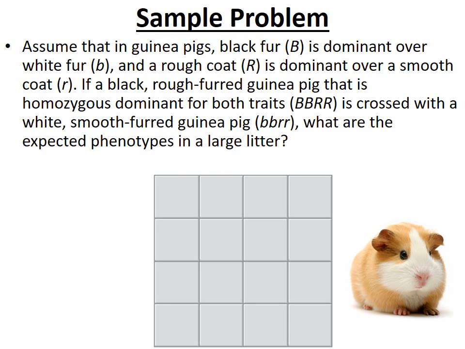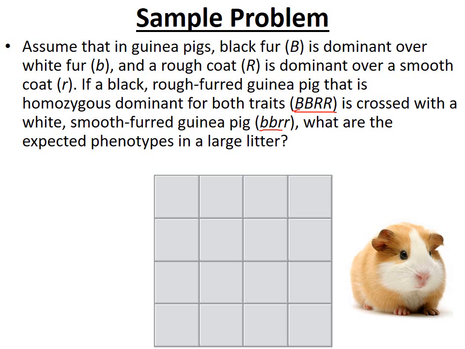More practice problems are included here. So over here we have a homozygous dominant for both traits crossed with a white smooth guinea pig. What are the expected phenotypes in a large litter? I'm not going to do this whole question, but I just want you to think about it logically speaking. You could use a Punnett square, but think about what the only thing you can get is.